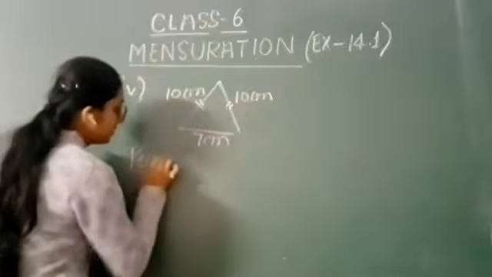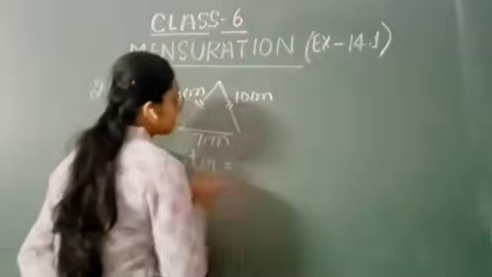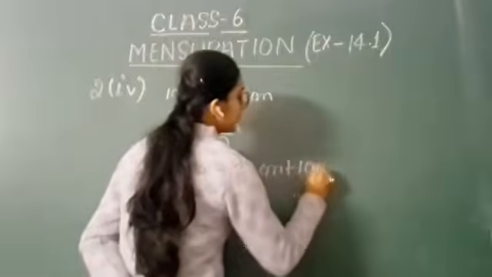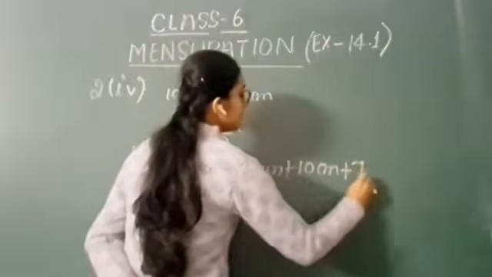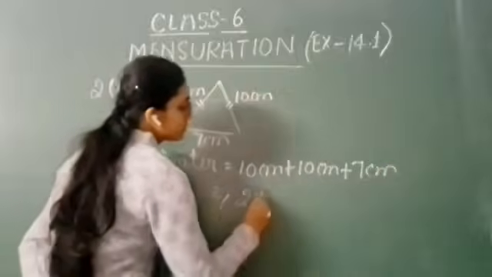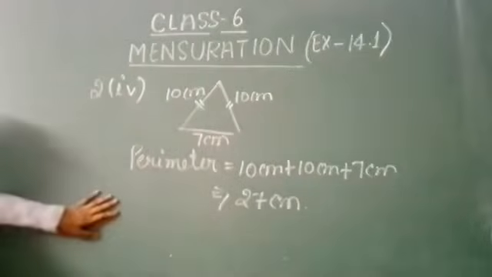So perimeter is equal to 10 centimeter plus 10 centimeter plus 7 centimeter. It will be equal to 27 centimeter. Note it down in your fair copies.